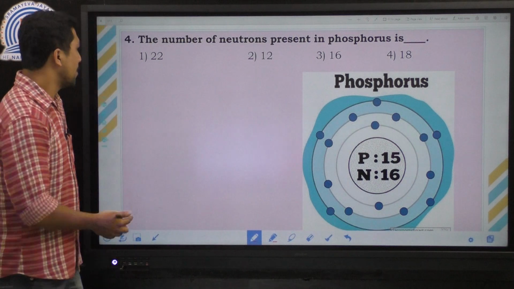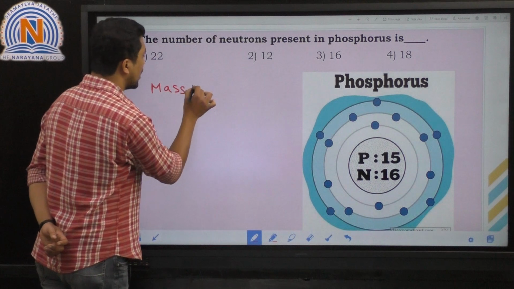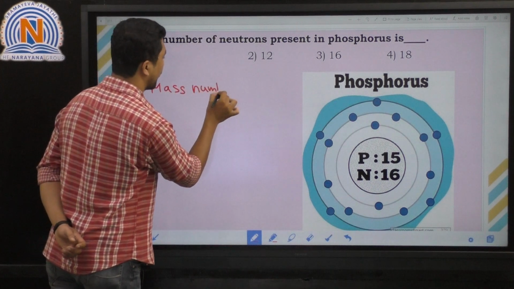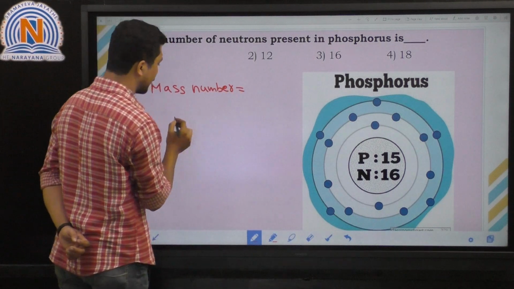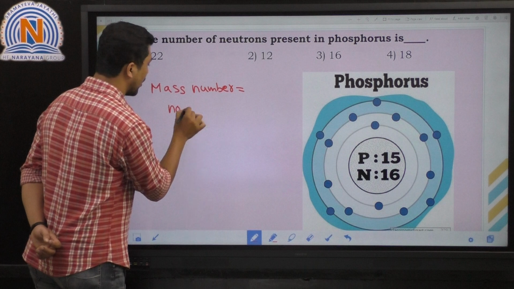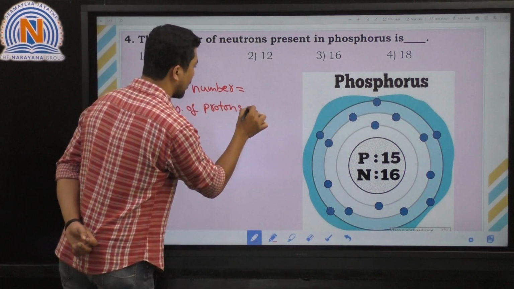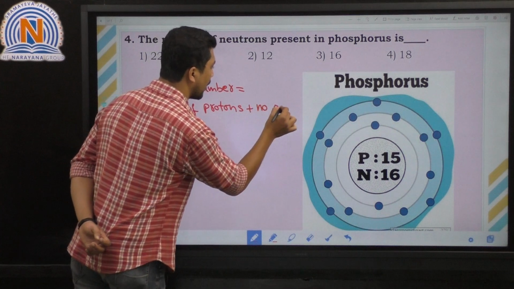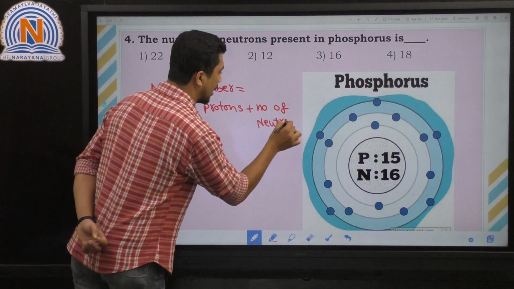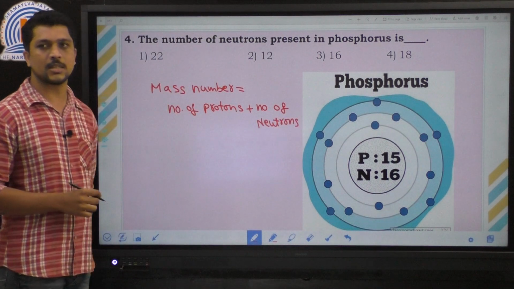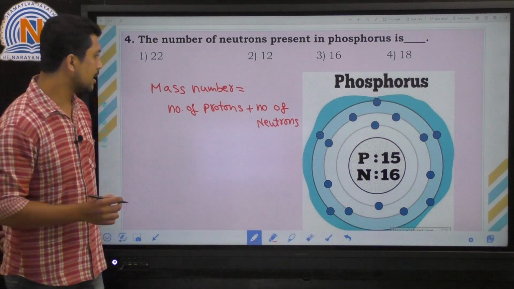So we know that mass number is equal to the number of protons plus the number of neutrons. So the mass number of phosphorus is 31.